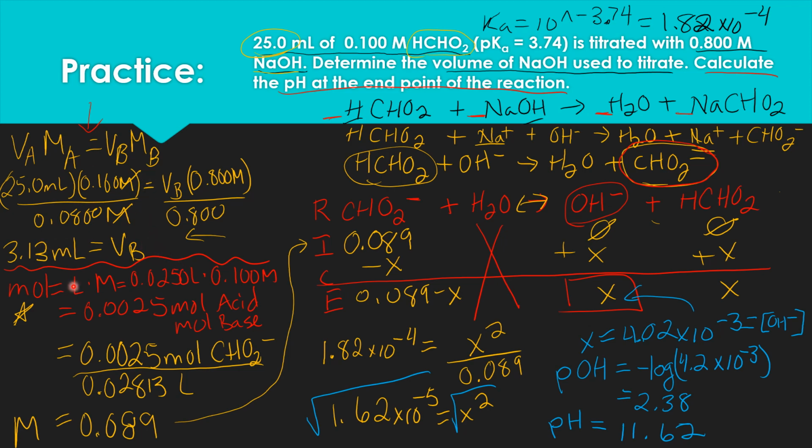I went ahead and found the moles of the acid, in this case using the volume and molarity, just so we had that. That's going to give us our moles of acid, moles of base that reacted. Then I looked at our reaction and made our net ionic equation so we could see what's going on, and we got a weak acid, so we're going to form its conjugate base.